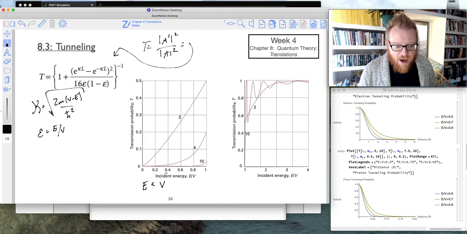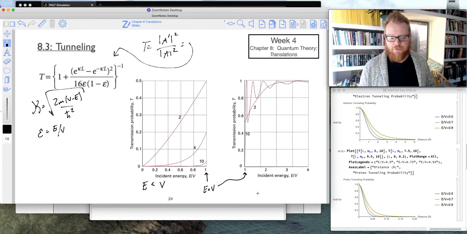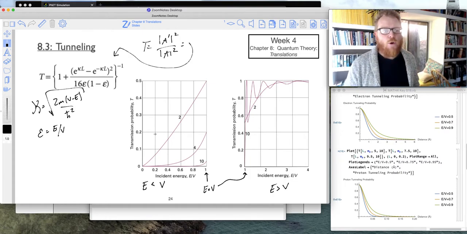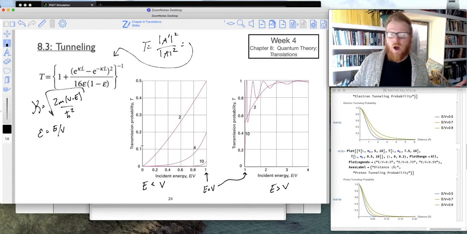Because you can see, for example, at this number 1 right here, that's when E is equal to V, and similarly right here on this graph. But now you notice, for the rest of the scale on this right graph, this is where E is greater than V, okay? And of course, the transmission probability is going to be a number 0 to 1.